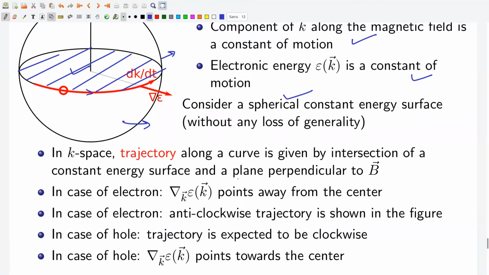In case of electron, gradient of energy points away from the center, and the trajectory is anti-clockwise. This is known as electron-like orbit. A hole is positively charged and its orbit is clockwise in a magnetic field. In case of a hole orbit, gradient of energy points towards the center.